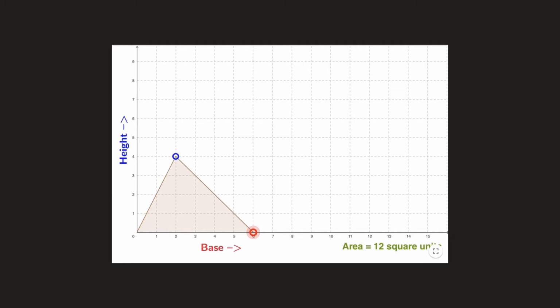So hopefully you can see from that, if I've got the height, so I'll write that down, the height equals 4, let's just say 4 centimeters for this, and the base equals 6 centimeters.